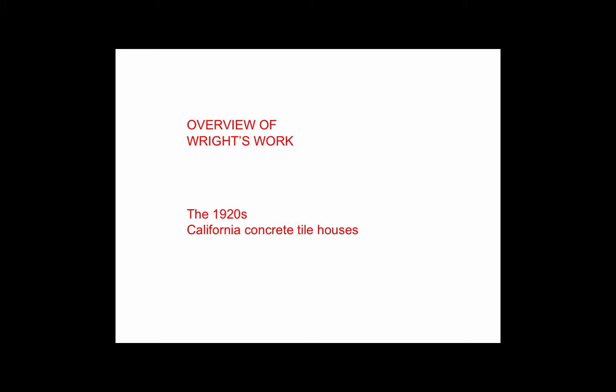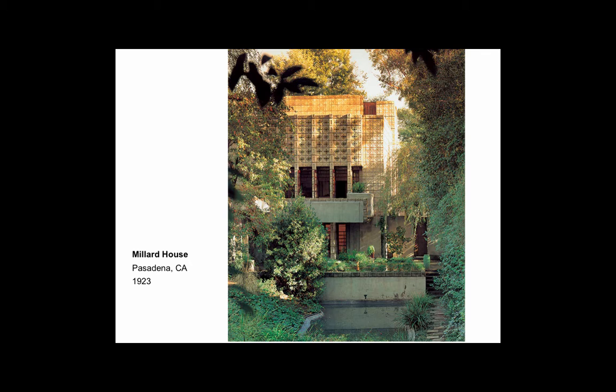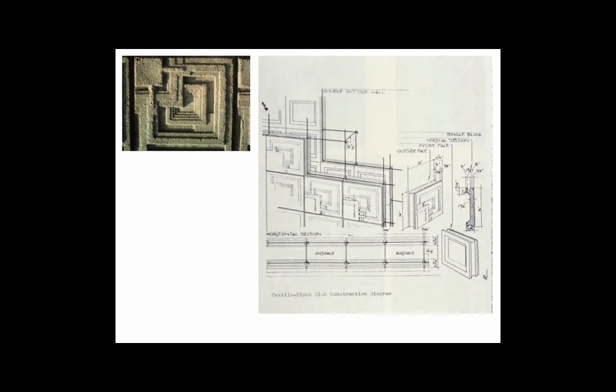1920s, he does concrete tile houses. These are prefabricated concrete blocks or tiles assembled with rebars. So here are the tiles. We do a double wall, airspace in between. That's our masonry wall. And there are these sort of hollows on each side.